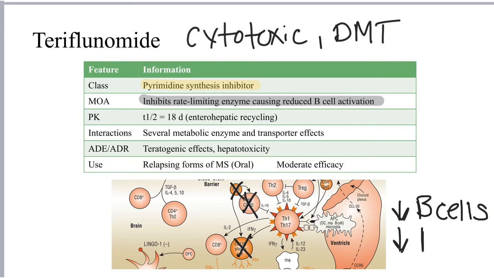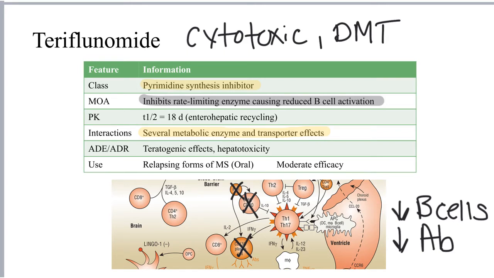It has an extremely long half-life of about 18 days, and this is thought to be due to enterohepatic recycling. Teriflunomide is a substrate of several metabolic enzymes and transporters, and therefore has the potential for significant drug-drug interactions. And so a database of drug interactions should be consulted whenever teriflunomide is administered.